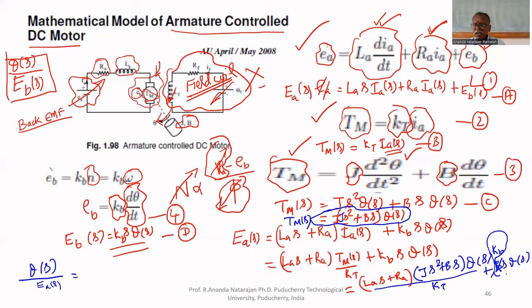If you take KT as LCM, you will get KB KT upon KT.